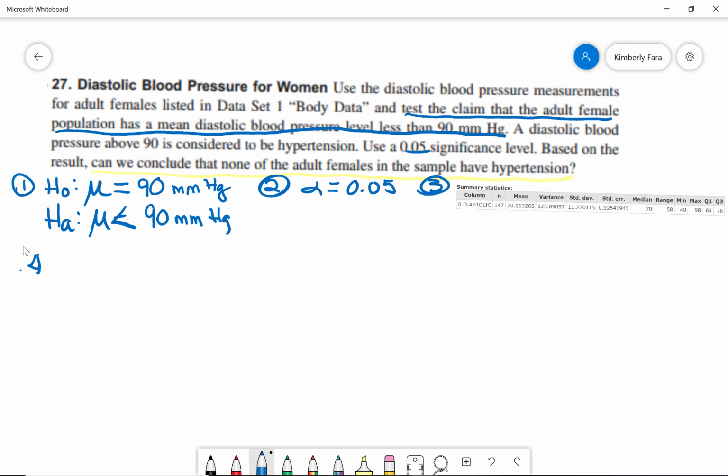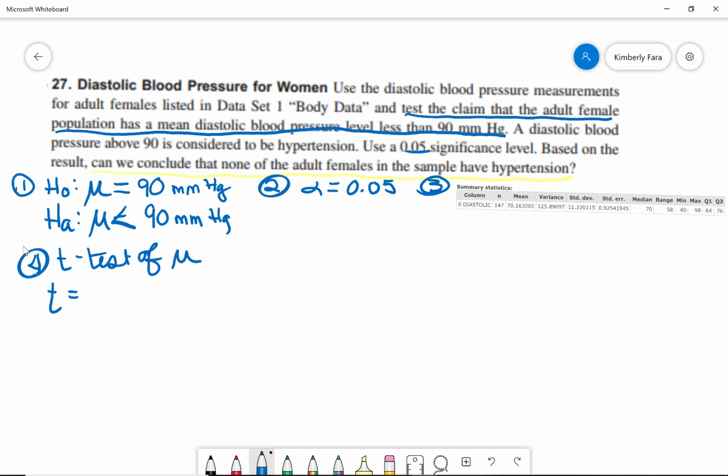We've already done it in StatCrunch, but I'm going to do a t-test of means. When I do a t-test of means, I like to put my formula in here.